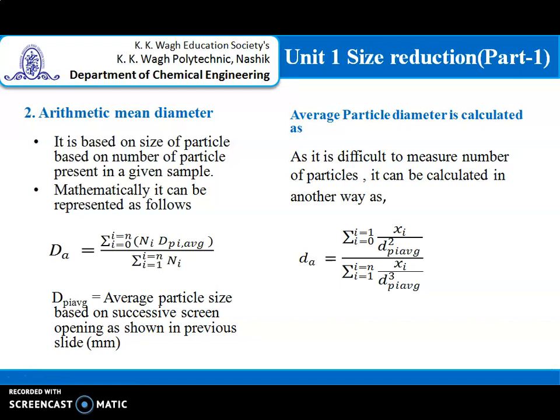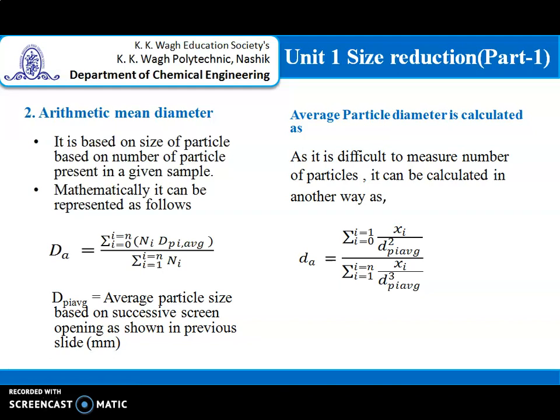Now again, to measure the number of particles is very difficult. Therefore, the simplified expression is that the arithmetic mean diameter is equal to the ratio of the summation of xi, that is the weight fraction of the material on the ith screen, divided by the square of the average particle diameter, where i varies from 1 to n, to the summation of xi upon dpi average cubed, where i varies from 1 to n.